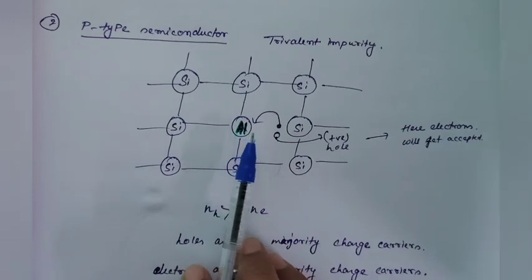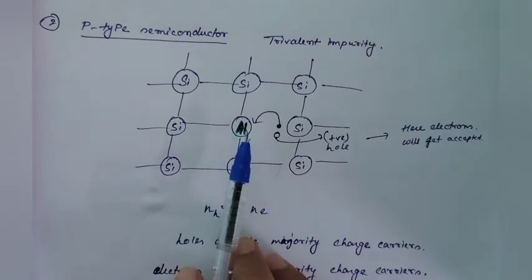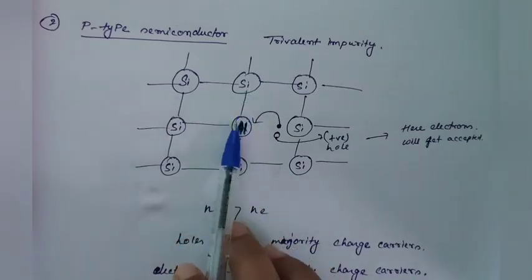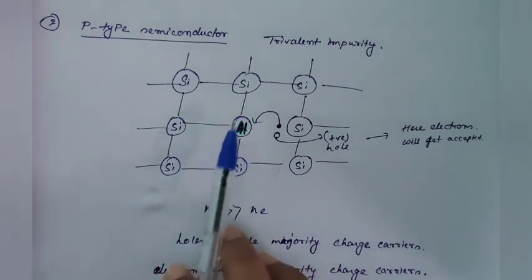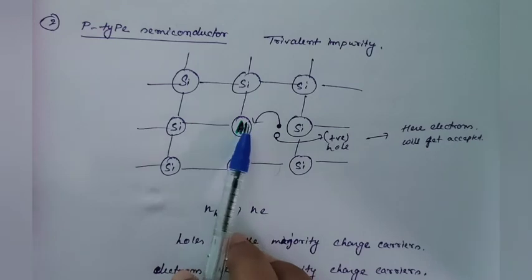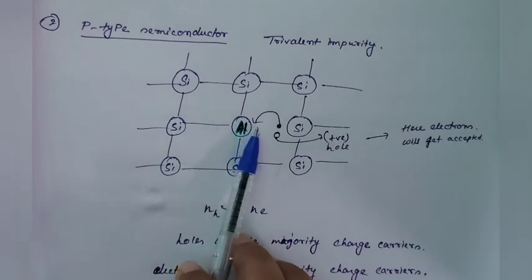Aluminium has 3 valence electrons, so it uses its 3 valence electrons in forming covalent bonds with 3 silicon atoms, and one covalent bond with a neighboring silicon is left incomplete.